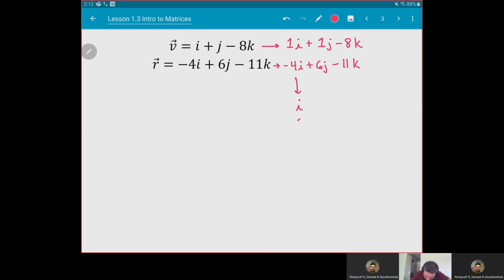I: 1, negative 4. J: 1, 6. K: negative 8, and negative 11. And right here, I've placed this into a matrix that I can use. Now the downside, since it has letters, this I will have to do by hand, which I'll show you guys. No big deal.